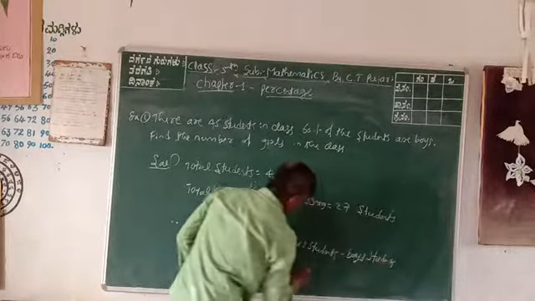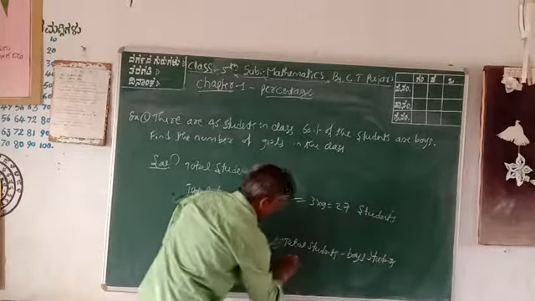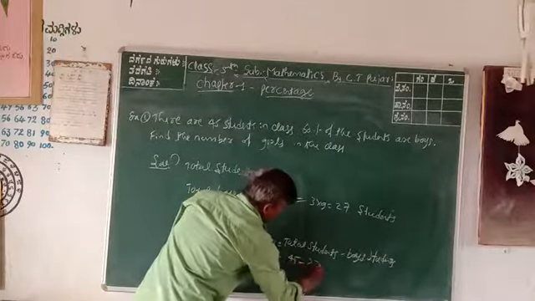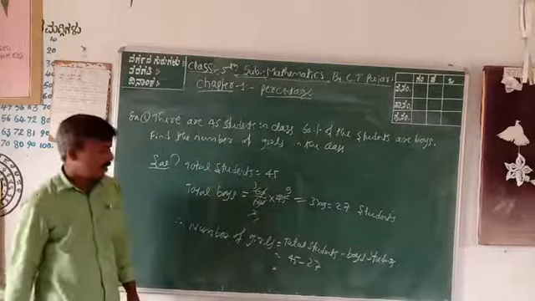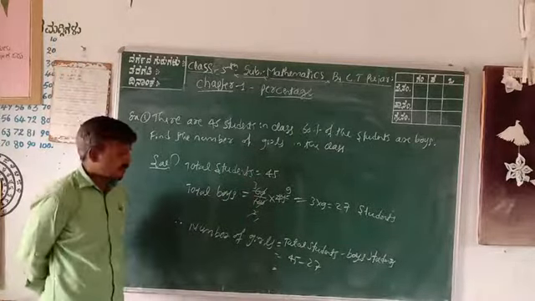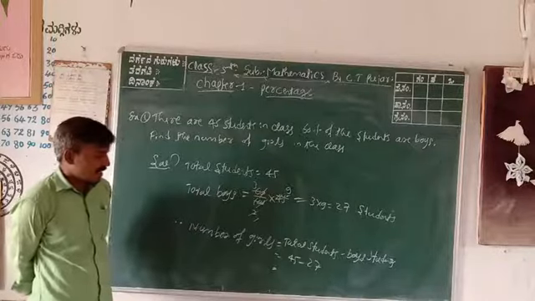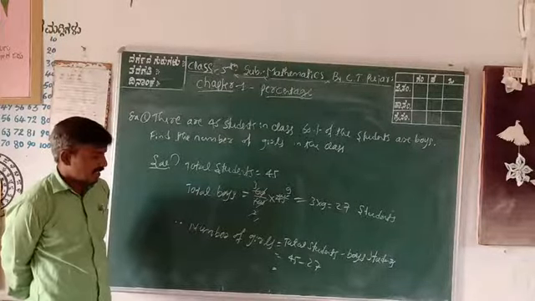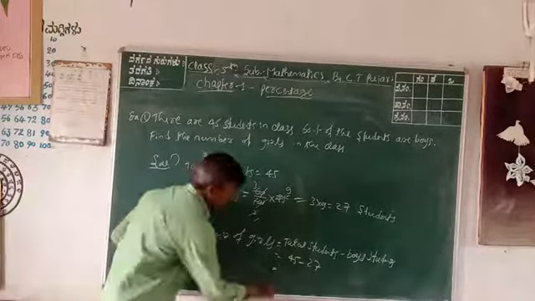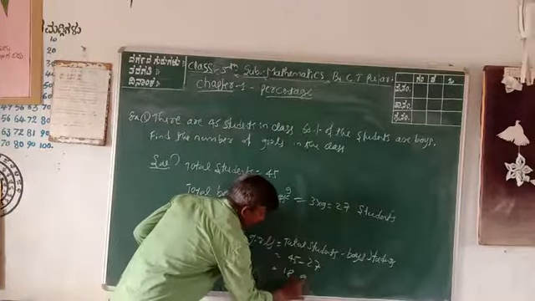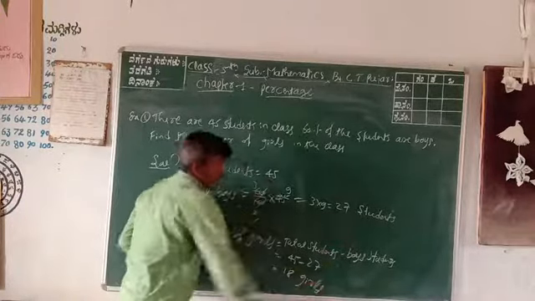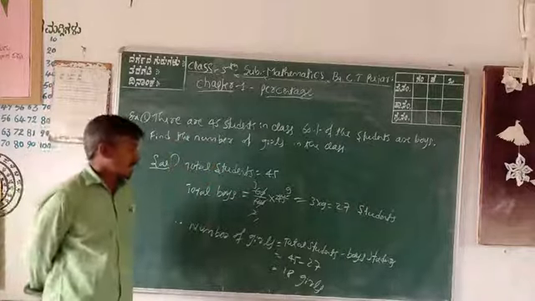Therefore 45 minus 27 is equal to, 45 minus 27 is what? 18. Only 18 girls are here. The answer is only 18 girls.